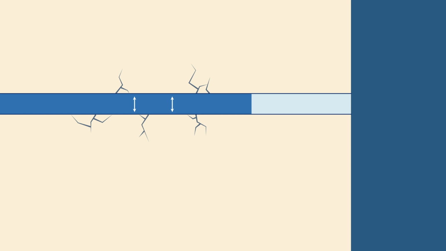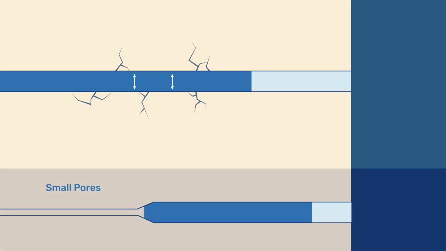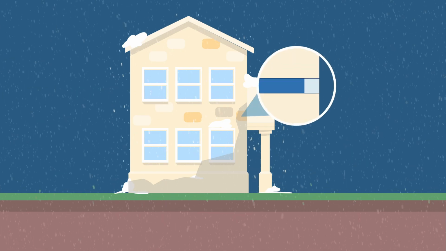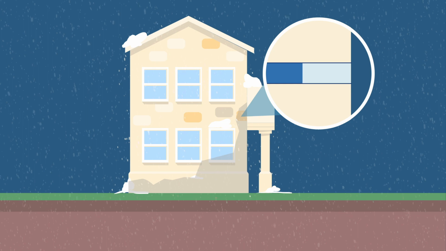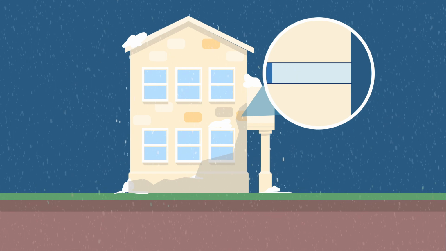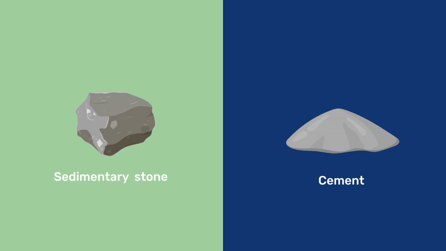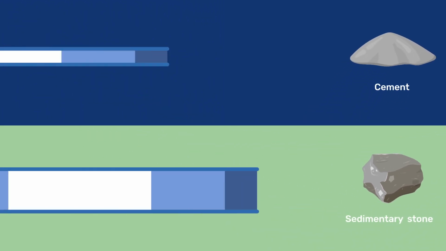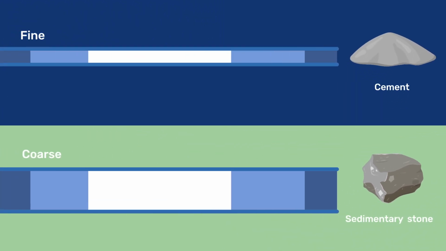This may be due to small pores or large saturated volumes. Such situations can lead to damage when freezing happens only from one side and is more critical for cementitious materials than sedimentary stones, because cementitious materials have much finer pores than sedimentary stones.